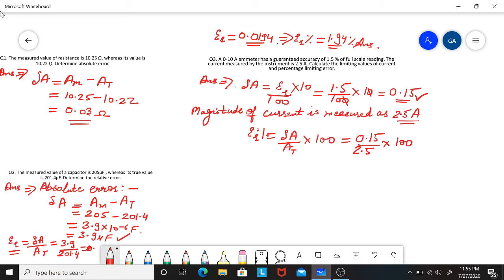What do we get here? We get 6%, or 0.06.